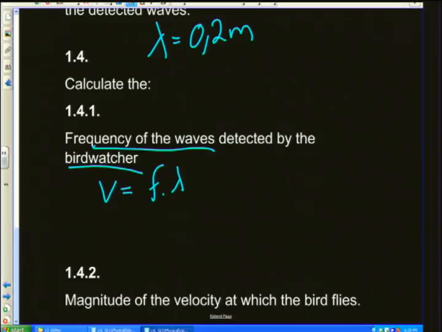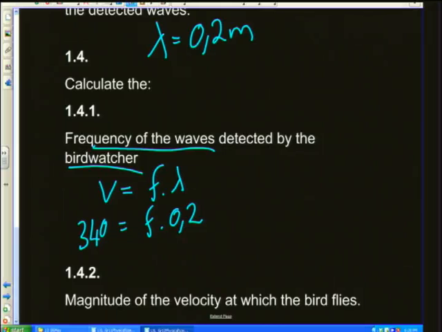We've been given the wavelength. We want to find the frequency. So let's substitute in 340 equals the frequency we don't know times the wavelength, 0.2. Make sure it's SI units. Yes, 340 meters per second, 0.2 meters.